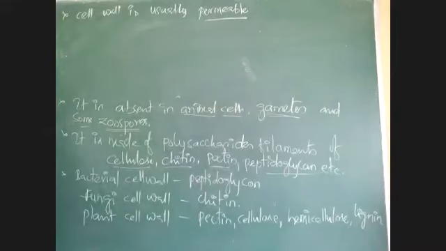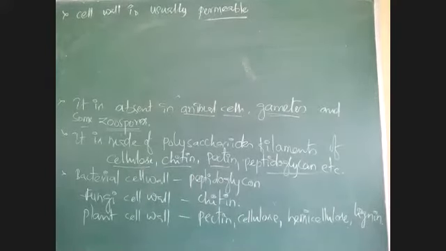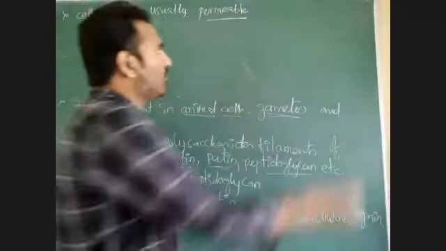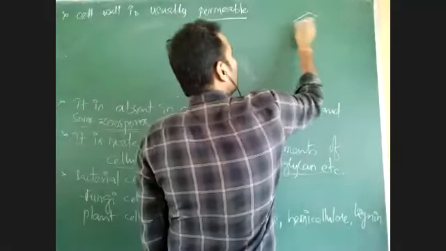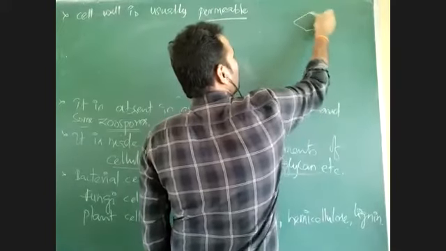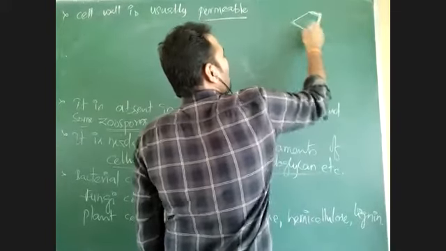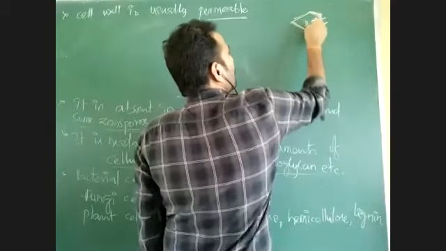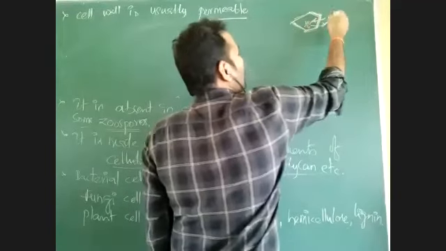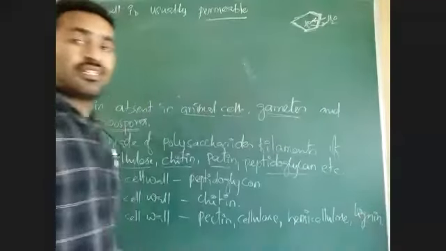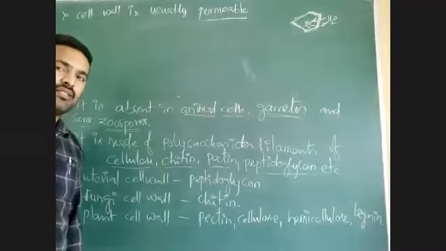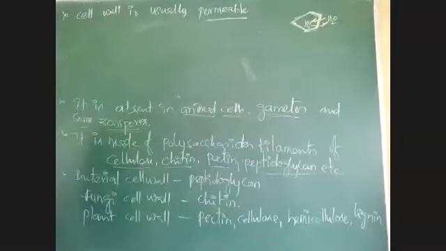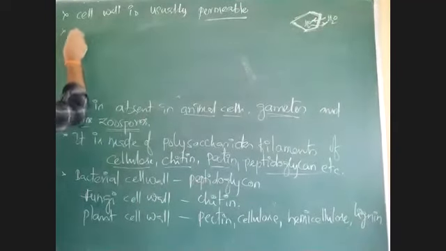Permeable means the cell wall can allow water to cross it. If you take a plant cell made up of cellulose, water can enter the cell or come out of the cell. Water molecules can transfer through the cell wall. But the plasma membrane is impermeable.